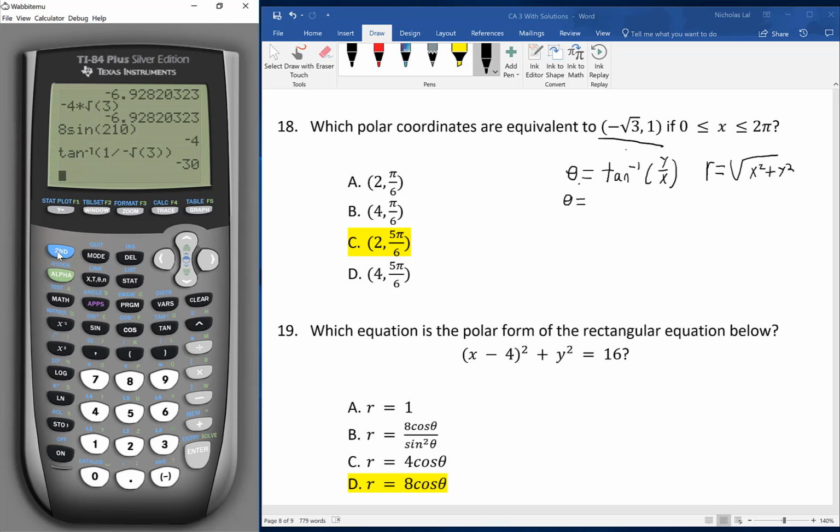And once again, find the inverse tangent of 1 over the negative square root of 3.